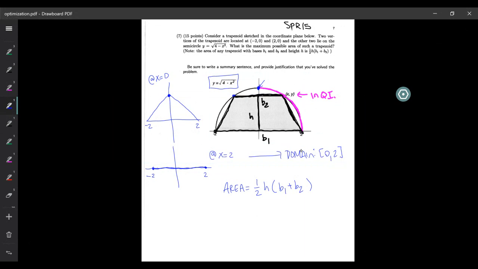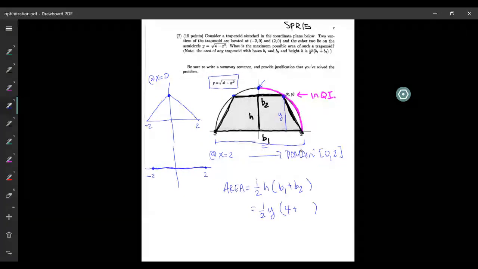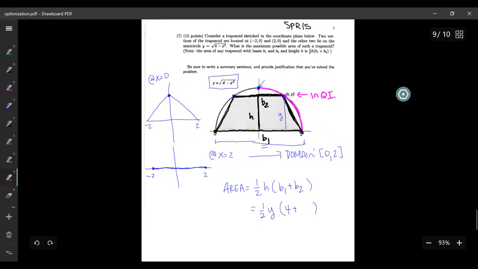So B1 in this case would be from -2 to +2, so B1 is equal to 4. The height of this diagram is the same as the variable y. And then from here to here would be x, and then mirror image on the other side from here to here would be x. So the B2 value from here to here would be 2x.